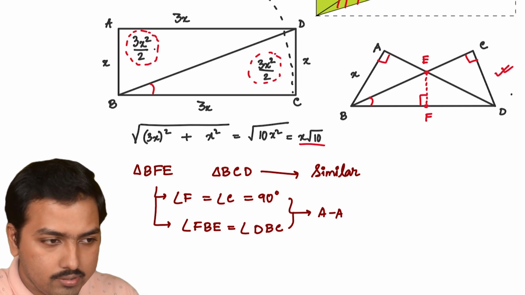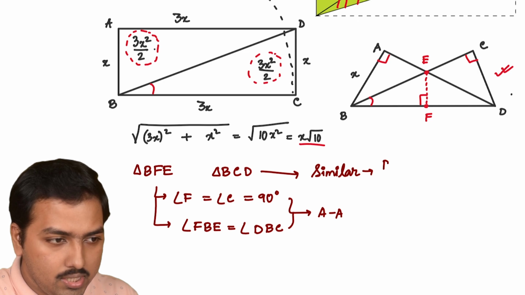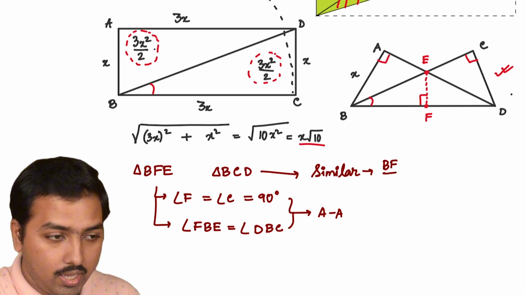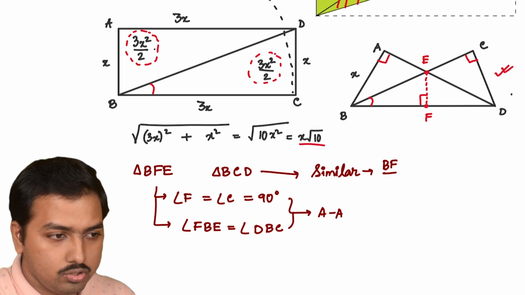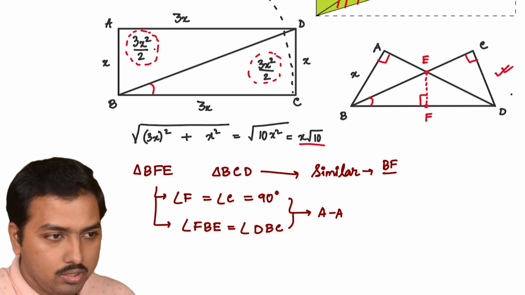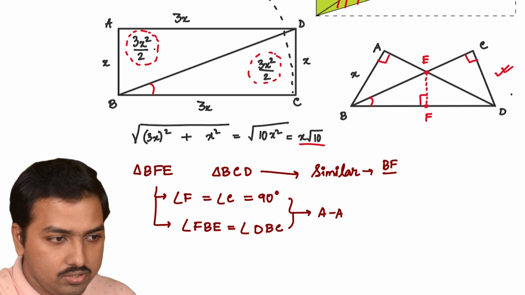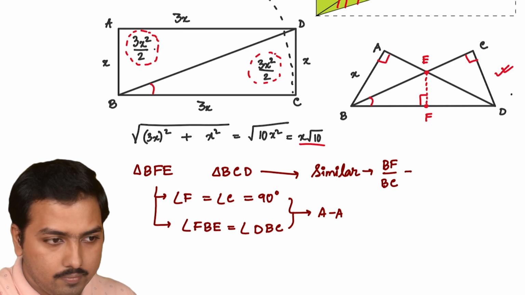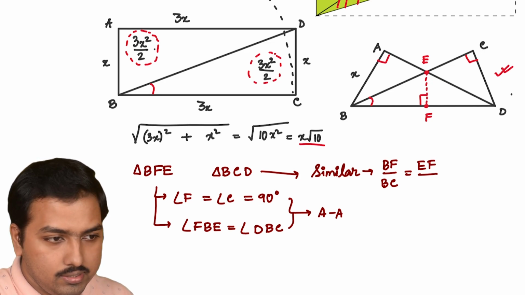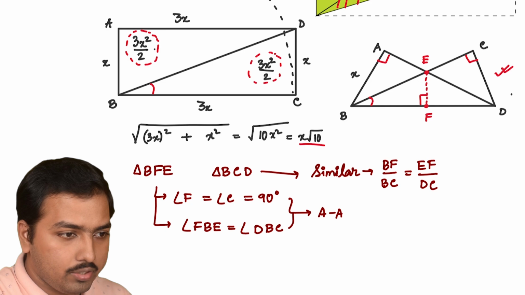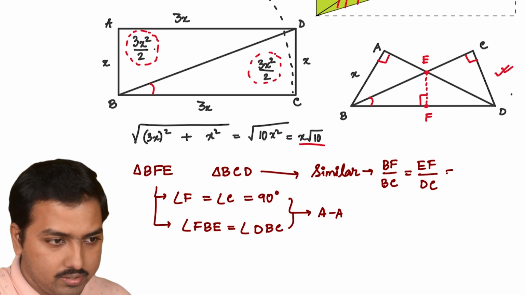So let's use that. For example, BF. Our target is EF. So BF corresponds here to BC. Now let's go to EF. EF will correspond here to DC.